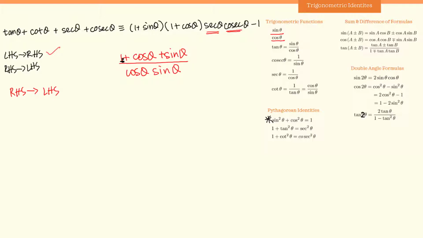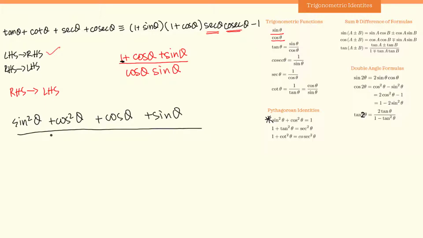In place of 1, I am going to bring sine square theta plus cosine square theta. So this would become sine square theta plus cosine square theta plus cosine theta plus sine theta, and the denominator is cosine theta sine theta.